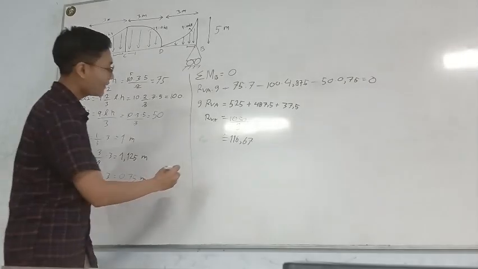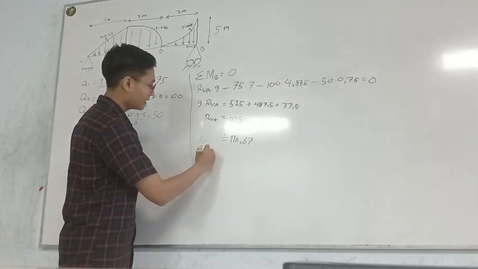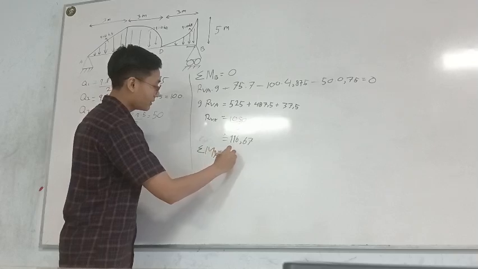Okay, next we find RVB from sigma MA equals 0.